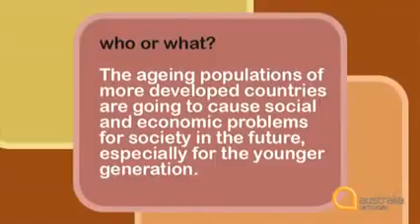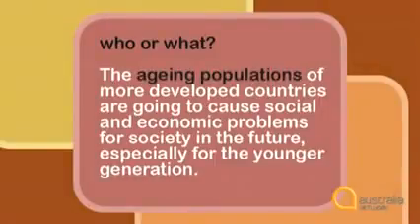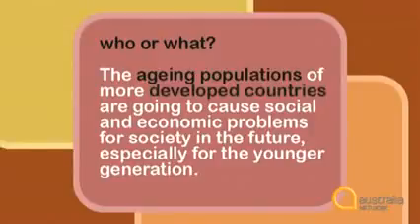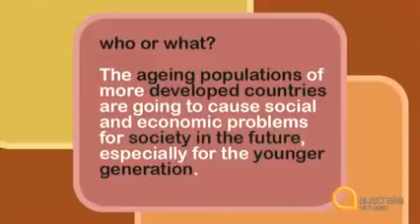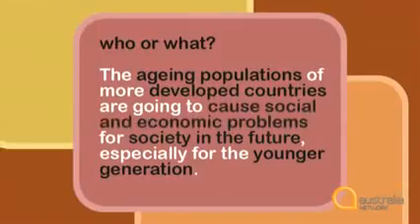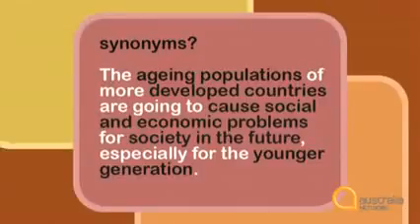Here, you have to say something about ageing populations, developed countries, society in the future, and the younger generation. Highlight these and any other key phrases, such as cause social and economic problems. Think about what these phrases mean. Thinking of synonyms or words that mean something similar can help you do this. And you will need these synonyms later in your essay.